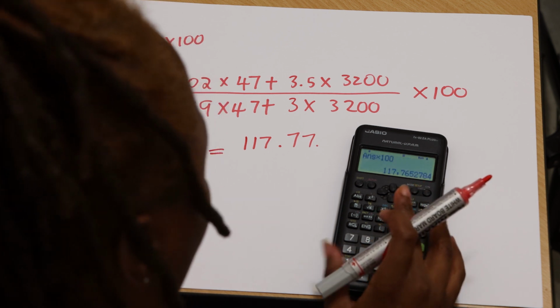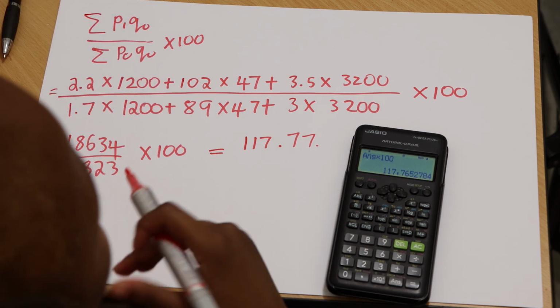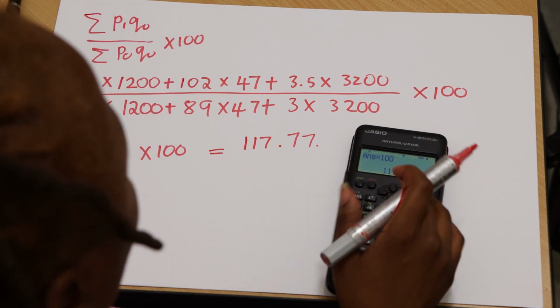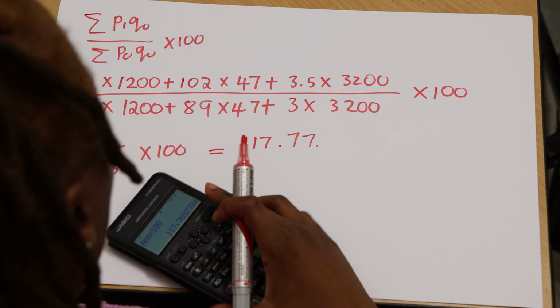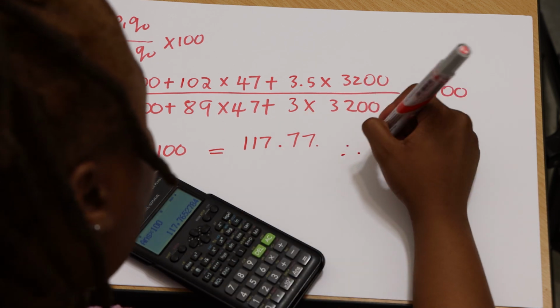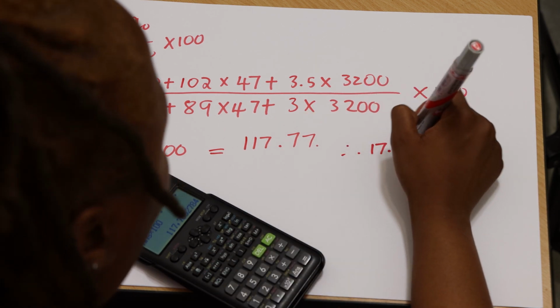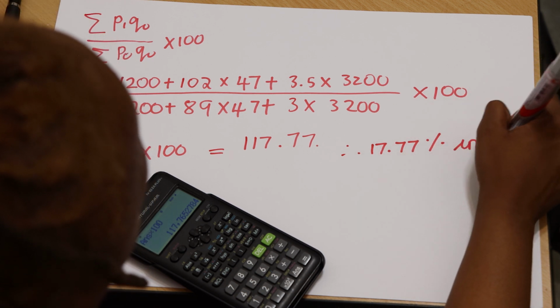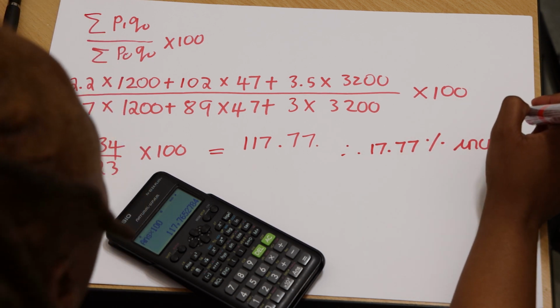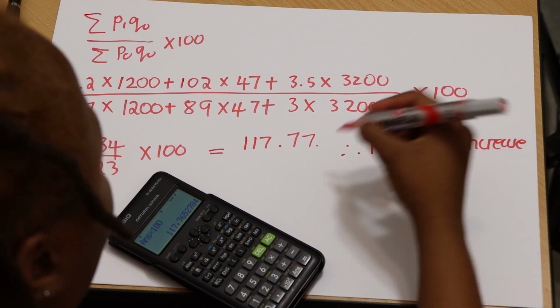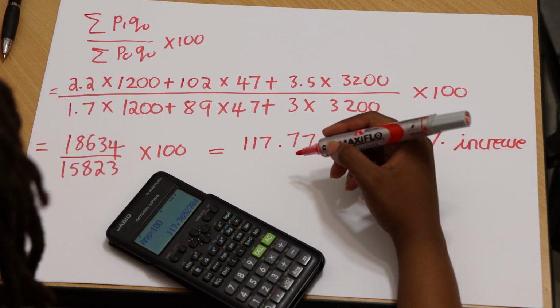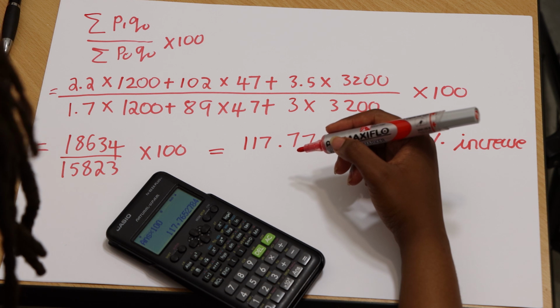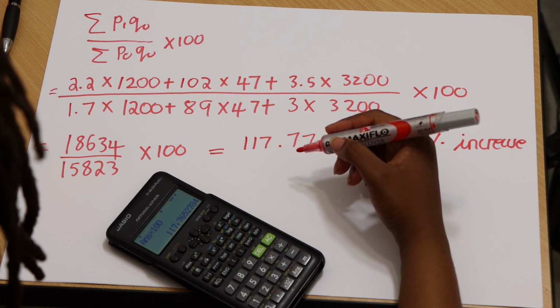So yes, I got the correct answer. It's 117.77. So what that means is that there's a 17.77% increase in the price of all items when you hold quantity constant in 2020.